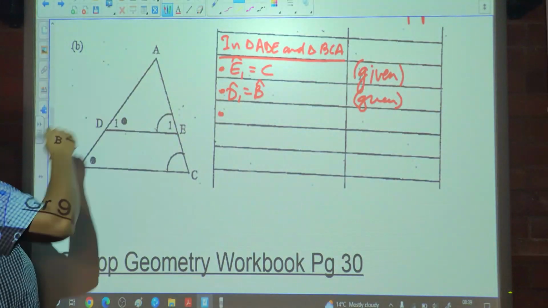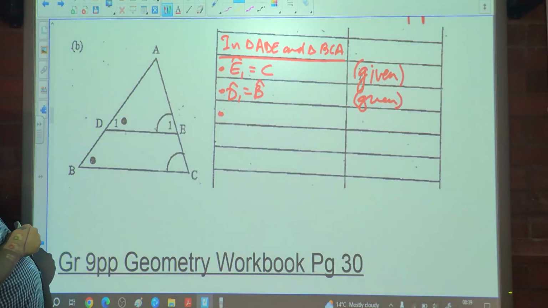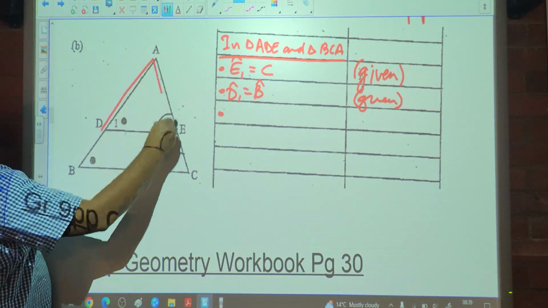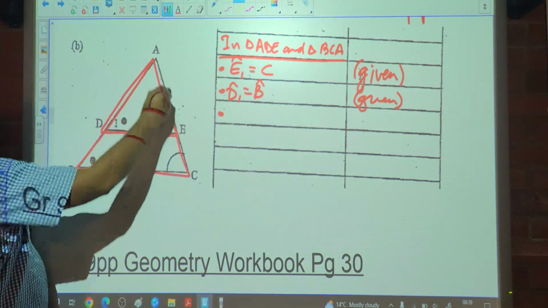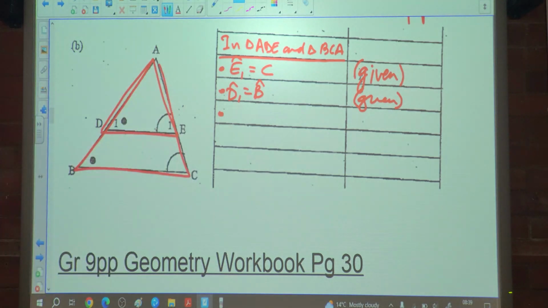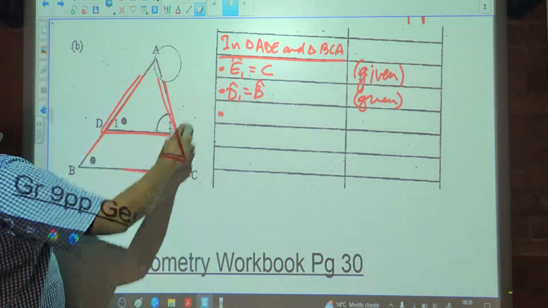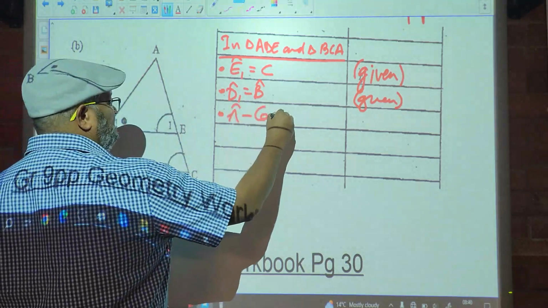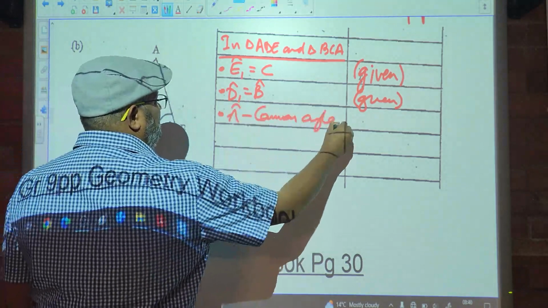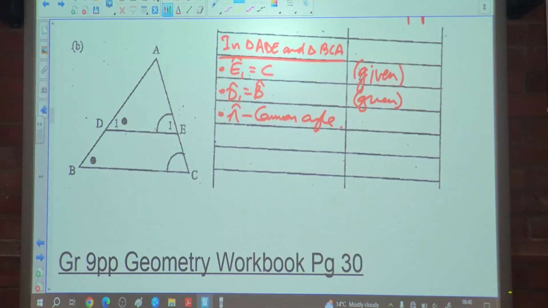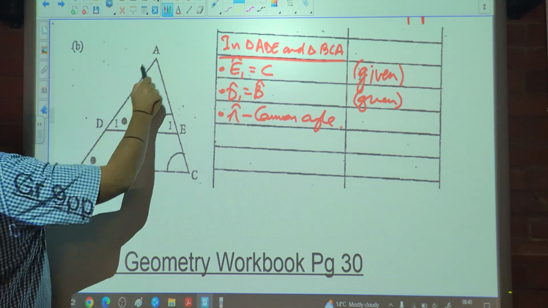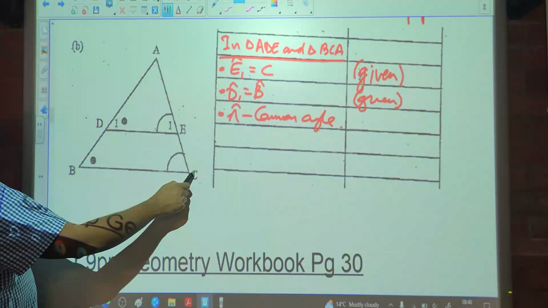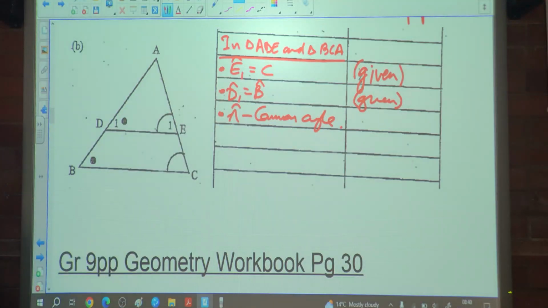If that was your second angle, is that not in both triangles? Is that angle A not in both triangles? So I could have said angle A is your common angle. So angle A is a common angle. No reason required there. Or you could have written angle A is the third angle in triangle. Okay. Or as she said, DAE is equal to BAC, third angle of triangle.